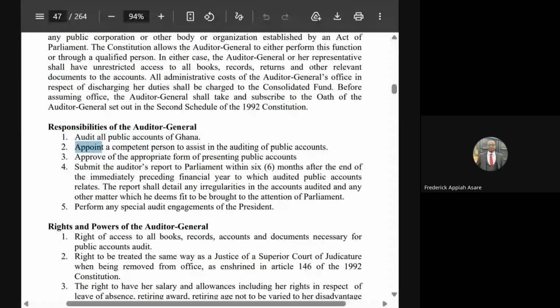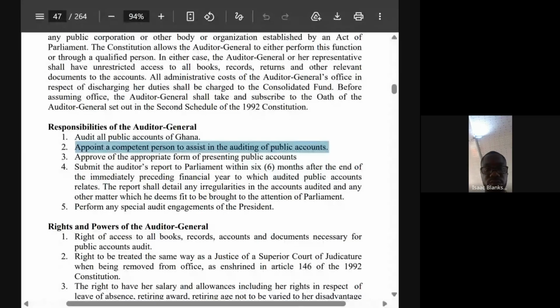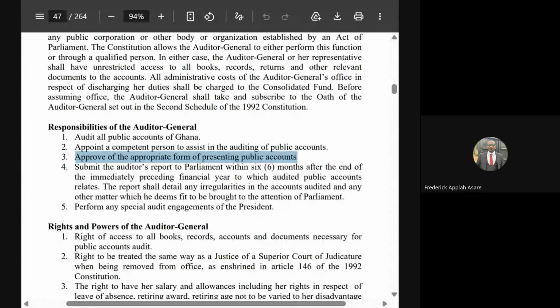They are also responsible to appoint a competent person to assist in auditing the public accounts. The Auditor General will approve forms of presenting public funds. They submit the Auditor General's report to Parliament within 6 months after the end of the immediately preceding year to which the audited public accounts relate. So last year's public funds reports will be submitted to Parliament.